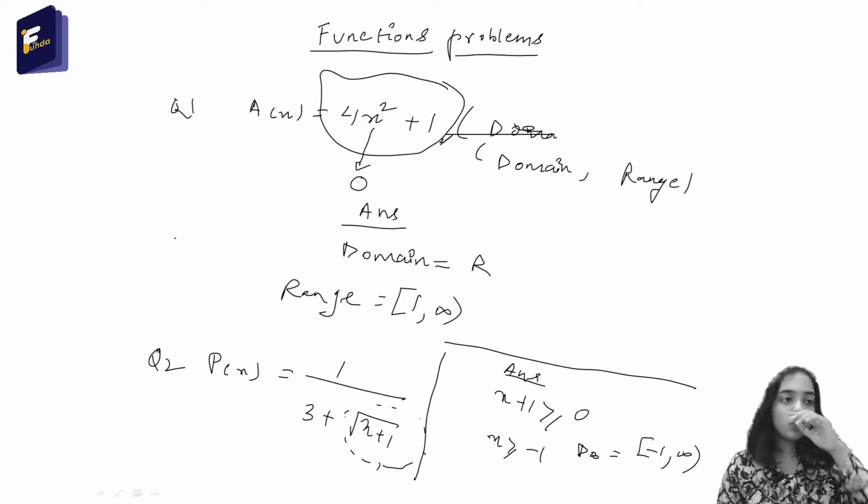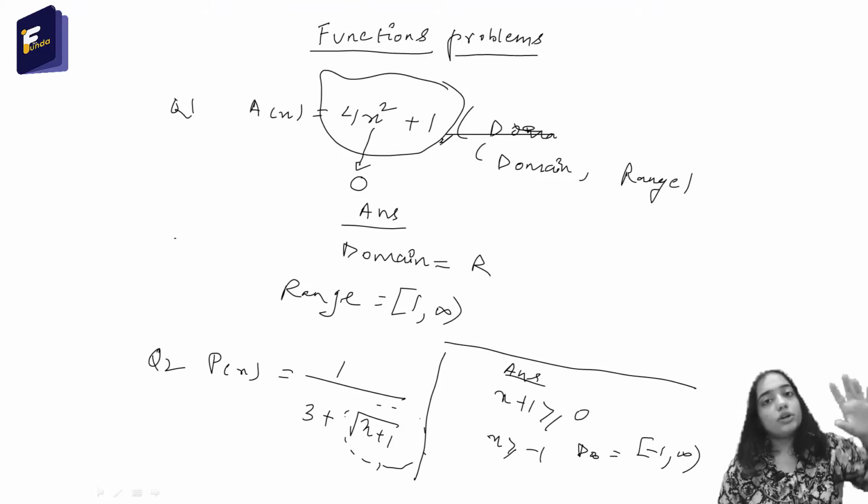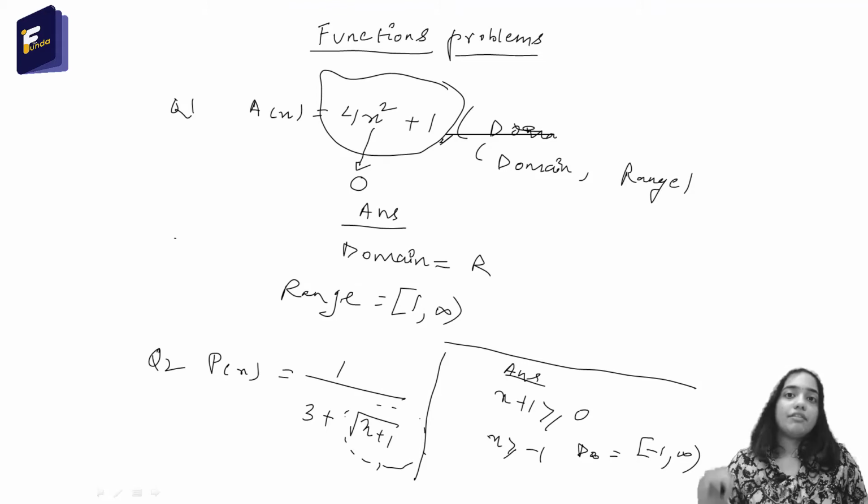We don't take the negative values in square root, because square root is also a function. If we said that square root of 4 is plus minus 2, then it would give two values. So this violates the definition of function, that for every input you will get only one unique output.